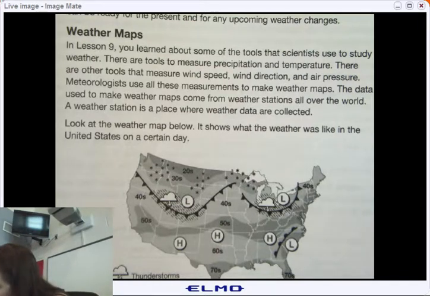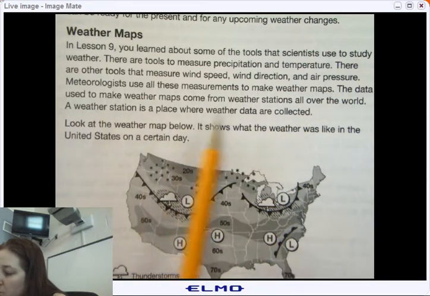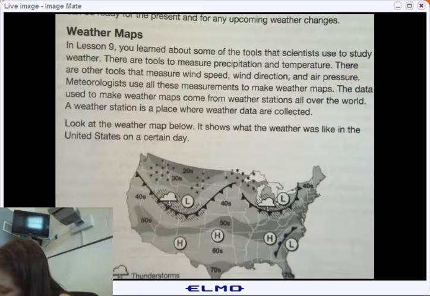The data used to make the weather maps comes from weather blank all over the world. Weather what? Stations, all over the world.